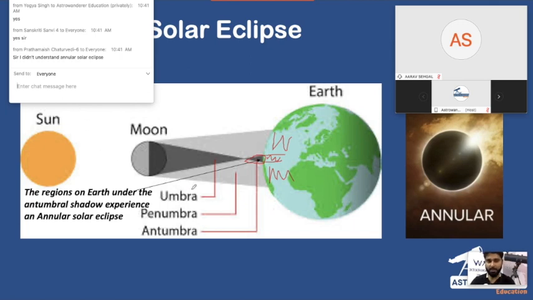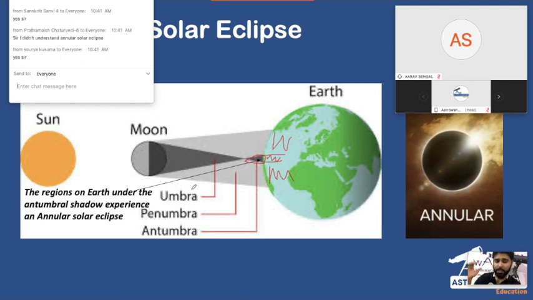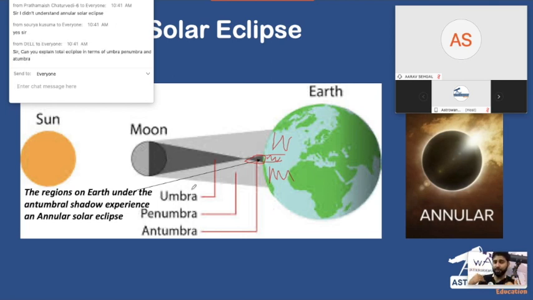For now, you can understand this much: annular solar eclipse is when, on a general day, the moon is equal in size to the sun, right? But on specific days when the moon is a bit away from earth, it becomes smaller. That means it will become smaller than the sun, because generally moon and sun are equal in size when viewed from earth.